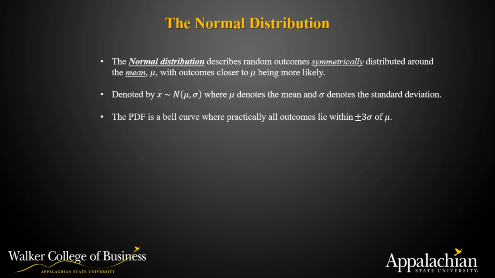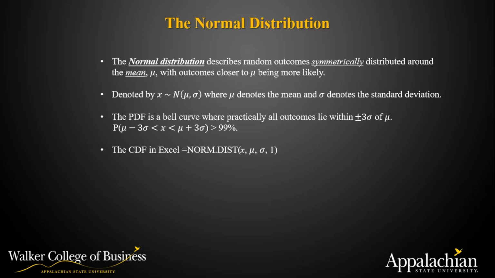The PDF is a bell curve where essentially all the outcomes lie within three standard deviations of the mean, or in other words, the chance that x falls within the range of 3 standard deviations below the mean to 3 standard deviations above the mean is greater than 99%.